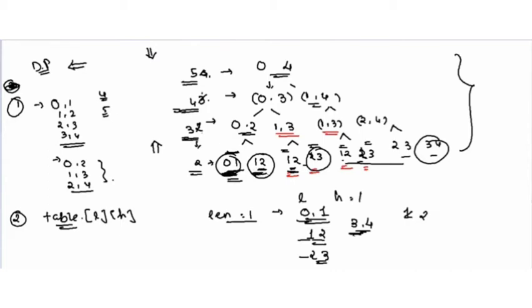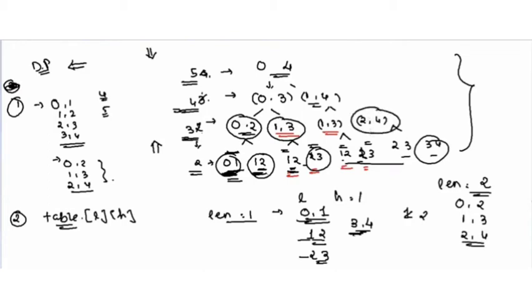How many minimum insertions are required? Then when your gap or length equals 2, you will fill the entries for 0,2, 1,3, and 2,4. Finally, when you fill the table for 0 to 4, you will have the answer.